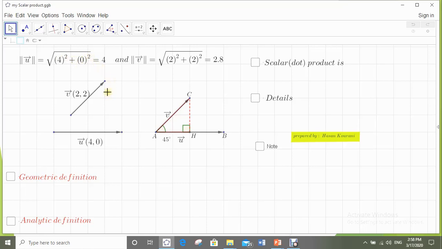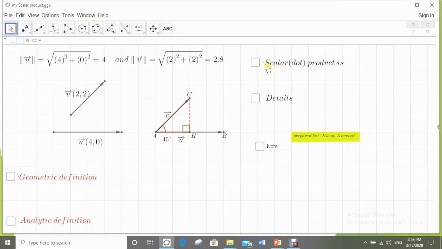And probably you are asking, what is scalar product of two vectors? Product, as you know, has the same meaning as multiplication. So we are going to learn a new operation related to vectors. Previously we saw addition of vectors, subtraction of vectors, and at the end we get a vector, a resultant vector.